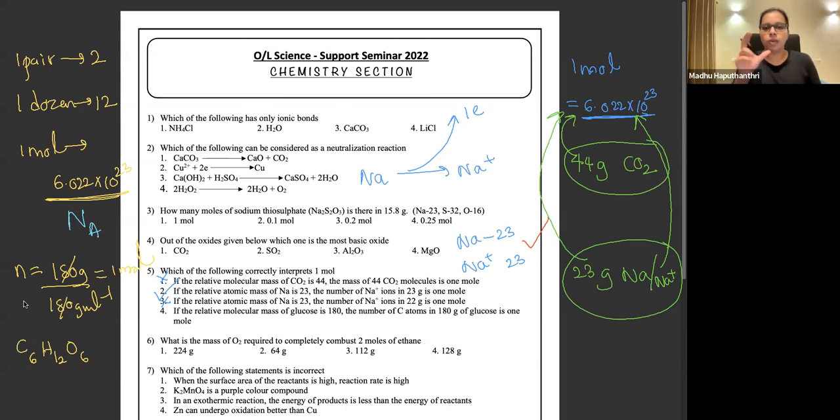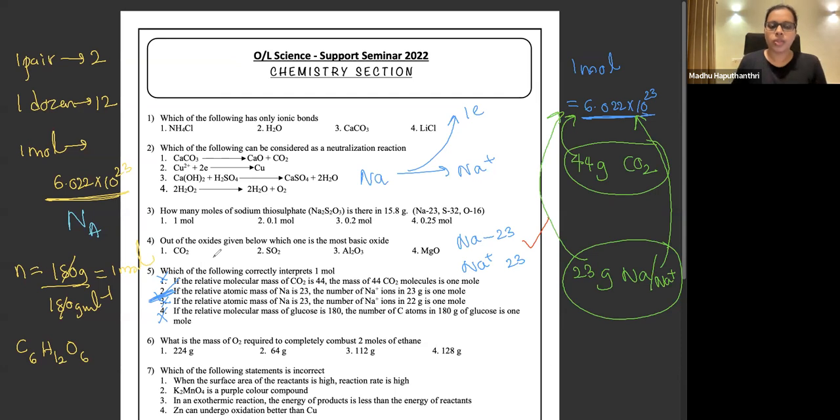Inside 1 mole of glucose, 6 moles of carbons are there. Similarly, if you take hydrogens, 12 moles of hydrogens are there. If you take oxygen, 6 moles of oxygens are there. So here I am hitting on the carbon atoms, so it is actually accounting for 6 moles, not for 1 mole. Because of that, this statement is also wrong. So the correct one would be the second one.